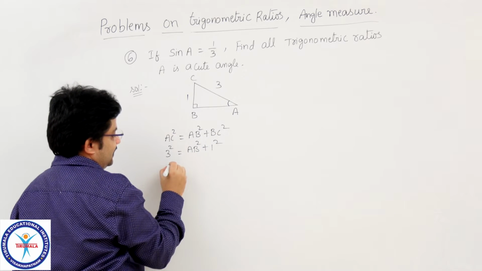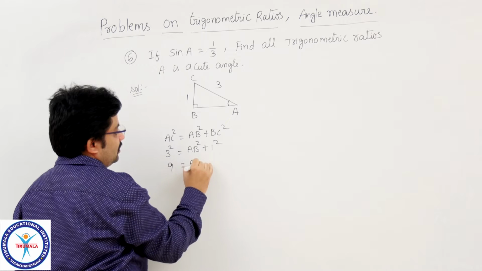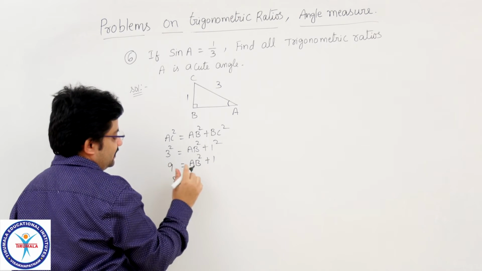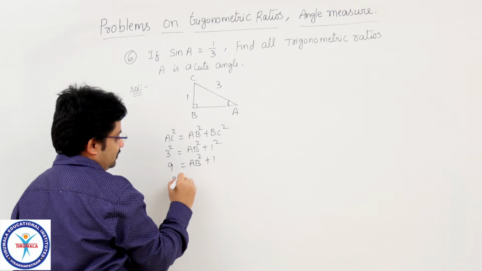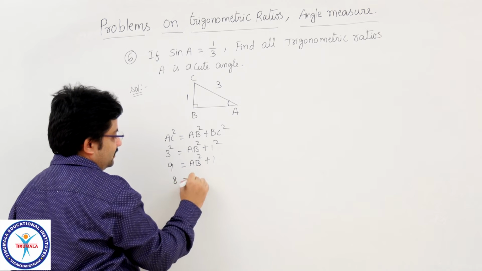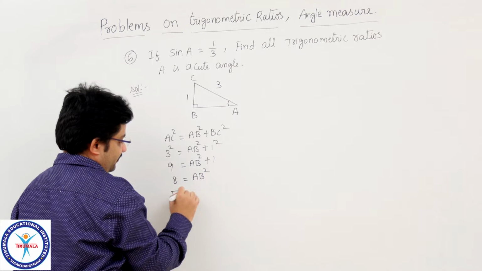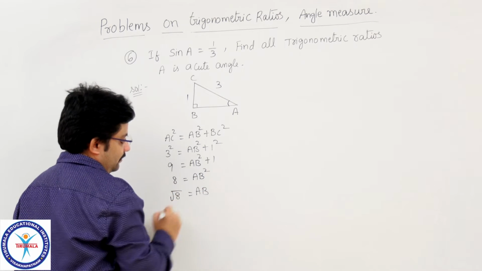3 square is 9, equal to AB square plus 1. That means plus 1 is transposed, it becomes minus 1. 9 minus 1 is 8, equal to AB square. Therefore, square root of 8 is equal to AB.